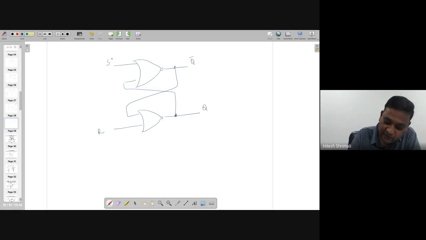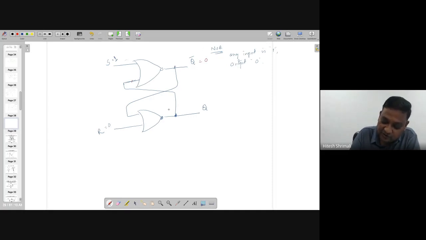So if set equals 1 and reset equals 0, we know that if any input of the NOR gate is 1, the output is 0. That is a property of the NOR gate, right? So in that case, whatever the other input is, it doesn't matter.